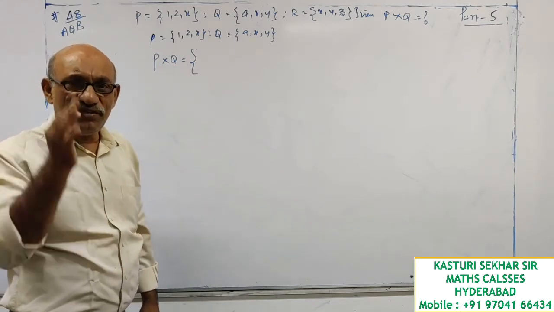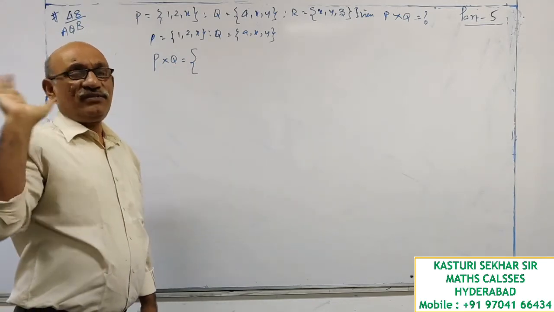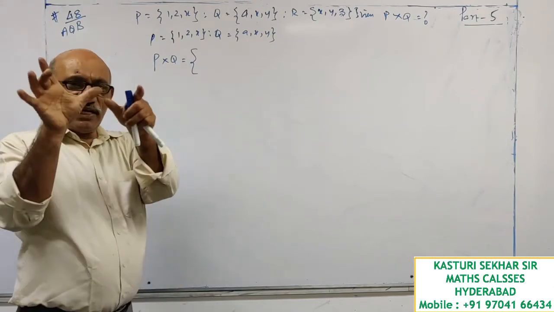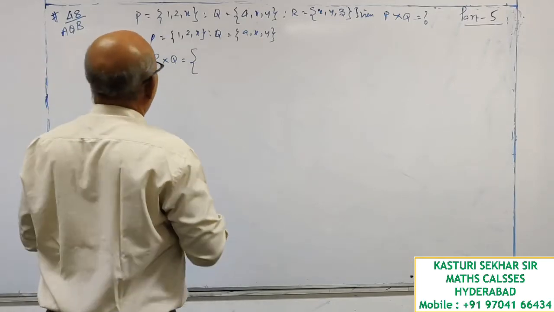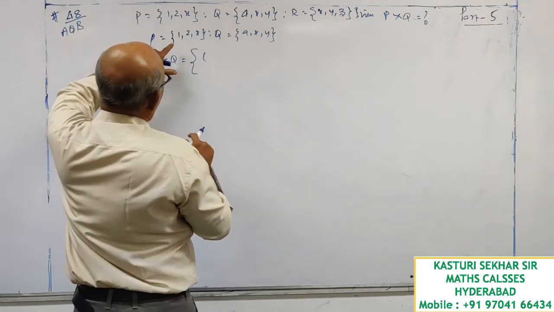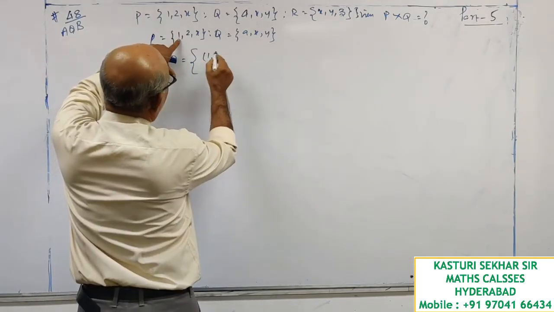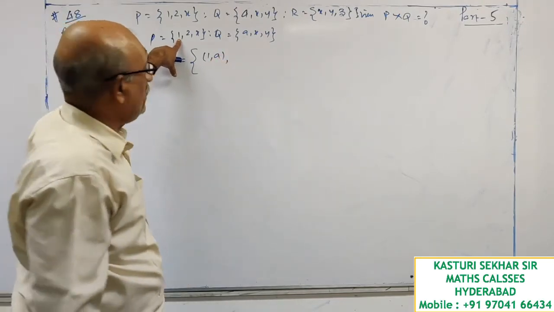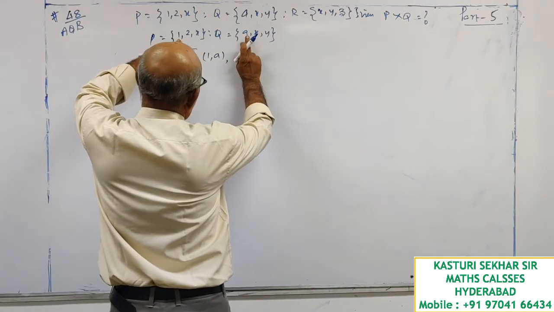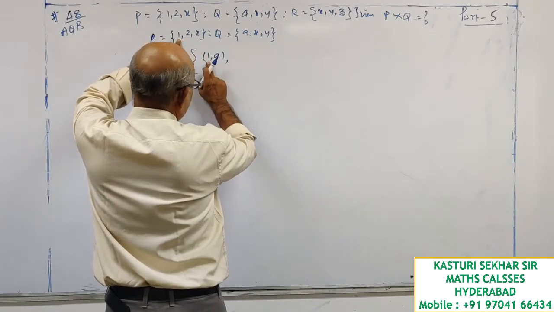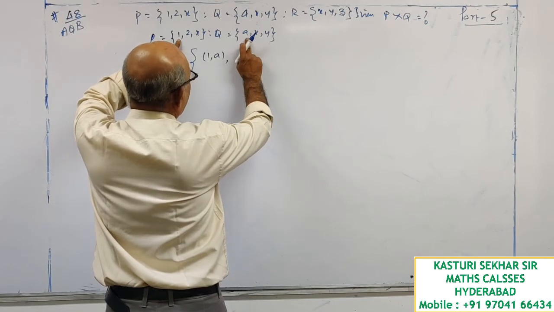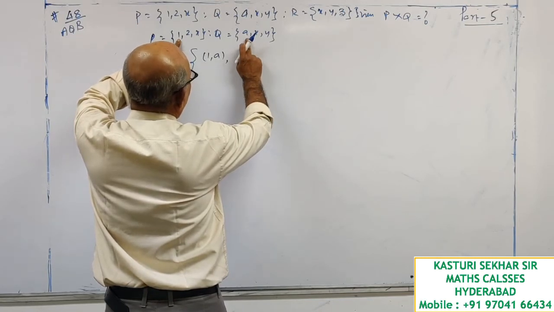A set has elements, but here, instead of elements, it has ordered pairs. For each ordered pair, the first element is from set P, and the second element is from the second set.